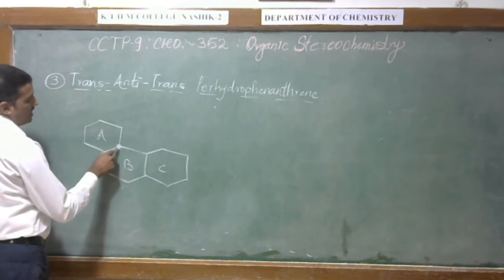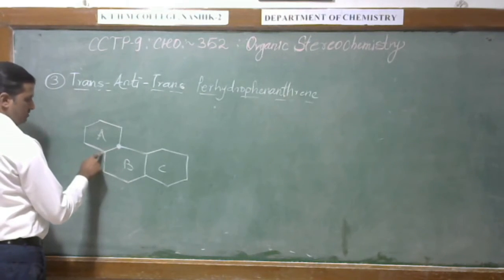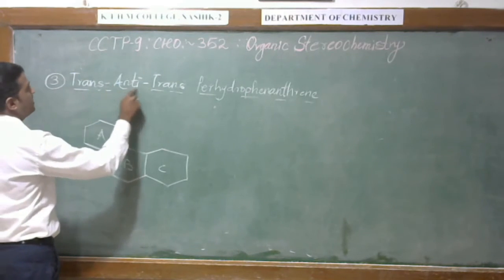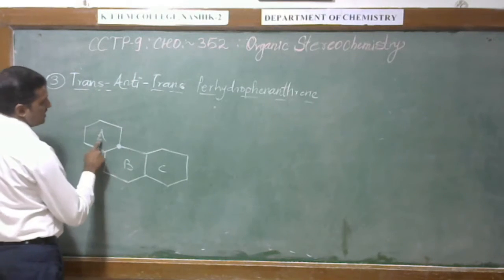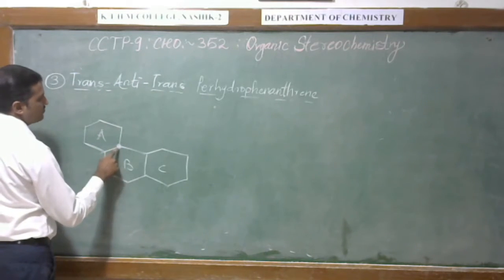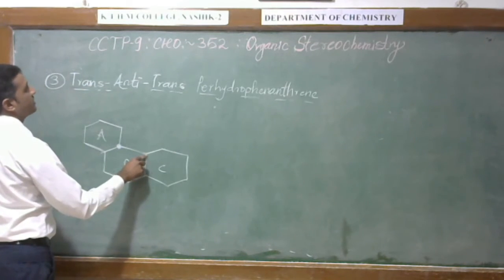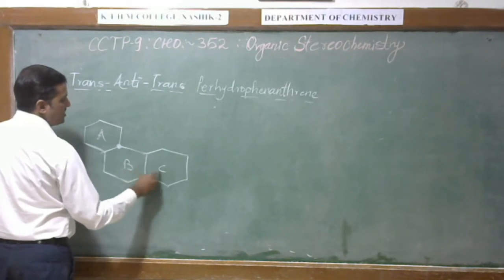So suppose I consider this as a dot, then there is absence of dot at this position. Second thing, AC ring fusion is in anti-fashion, so ultimately there is absence of dot over this carbon atom. And last is a trans fusion, means BC ring fusion.